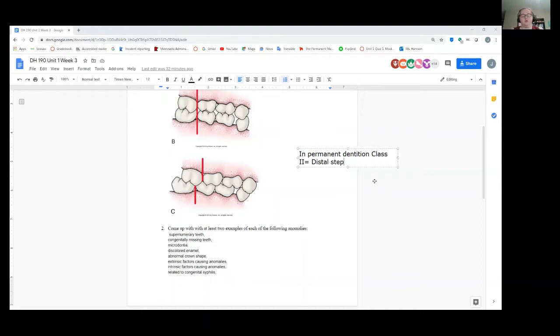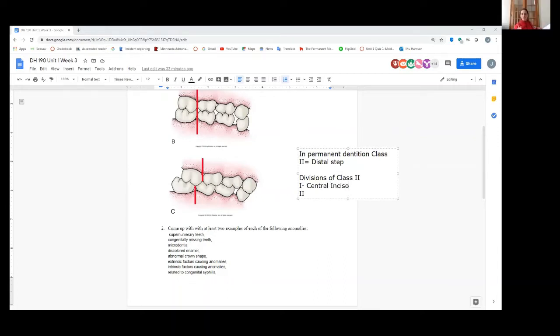Now, there are 2 divisions of class 2, right? Anybody remember that? Division 1 versus Division 2. If you don't know, follow along in your book. So Division 1 has to do with the central incisors.